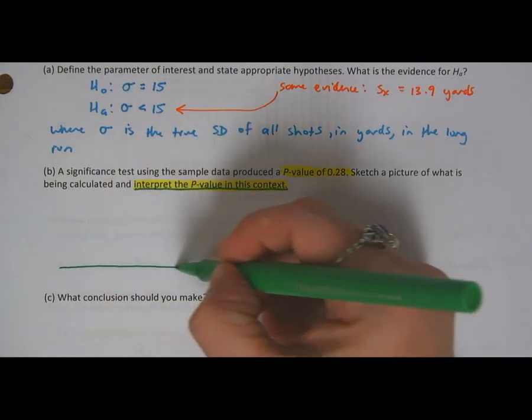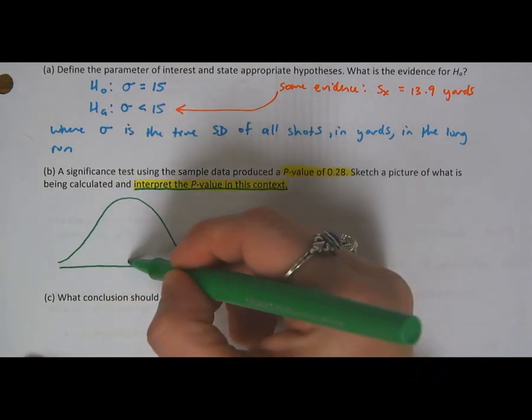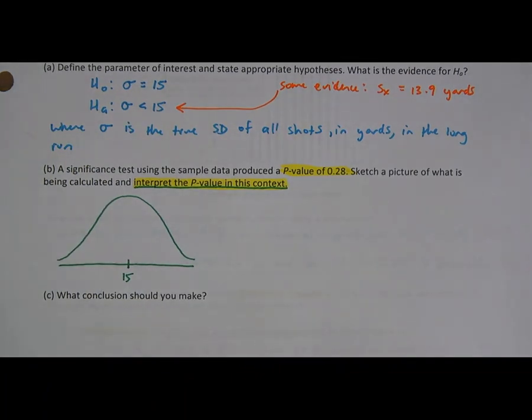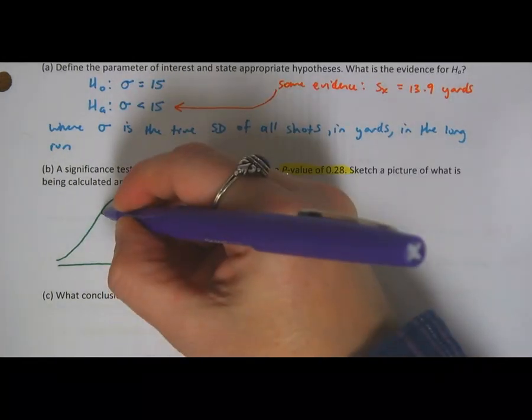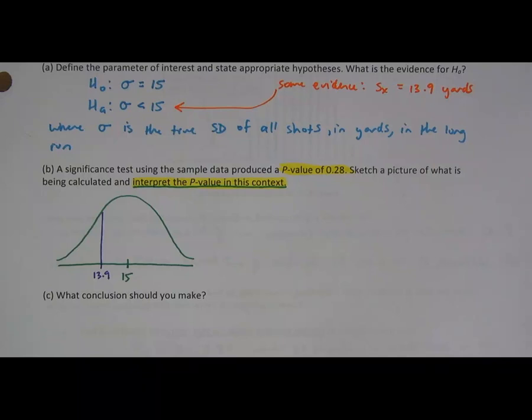So here's what's going on. I'm going to have you sketch this picture. Remember, your null value goes in the middle. Your evidence, which was that 13.9 yards, which is on this side of 15, place that. That's going to be the threshold.